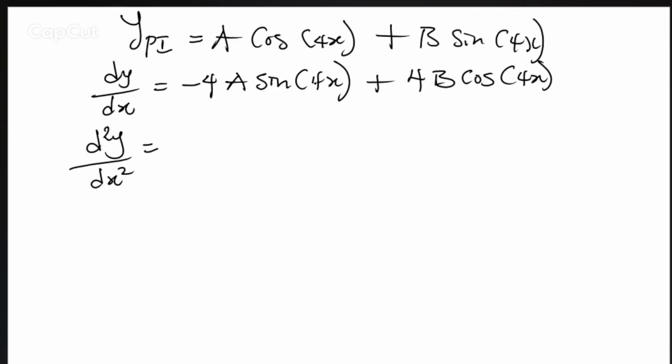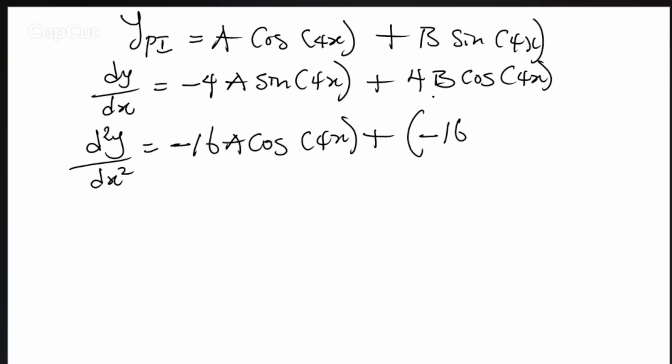So you have 4 multiplied by 4 here, and that will give you 16. So this will give you -16A. If you differentiate sin, you have cos, so you have cos 4x, plus 4B cos 4x. If you differentiate, you simply have this to be -16, because 4 is outside, so we have 4 times 4 is 16.